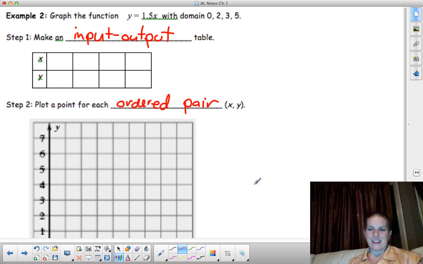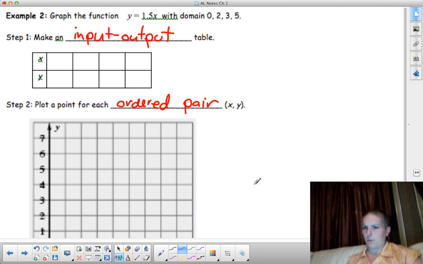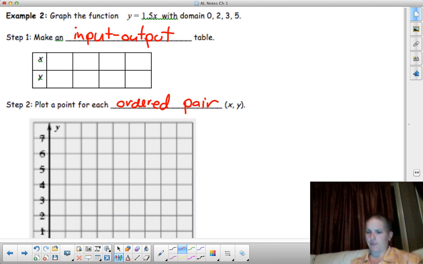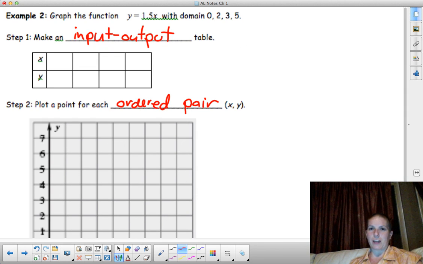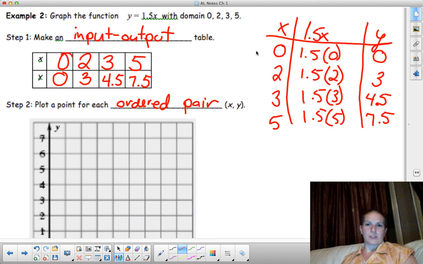And I think that this one has a step 3, which is to state the range, but I'm not positive because I can't see the whole screen at the moment. Yep, nope, not even. We just got to do those 2 things. So this is a practice problem. Give it a try.